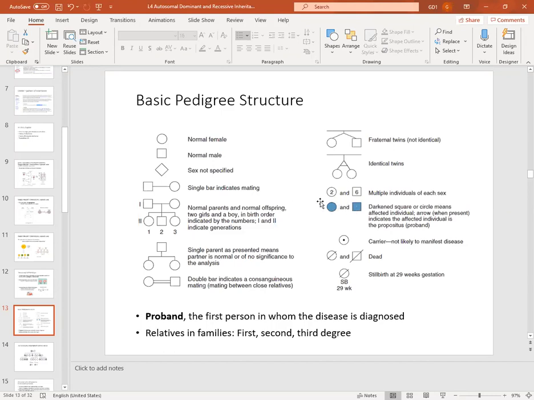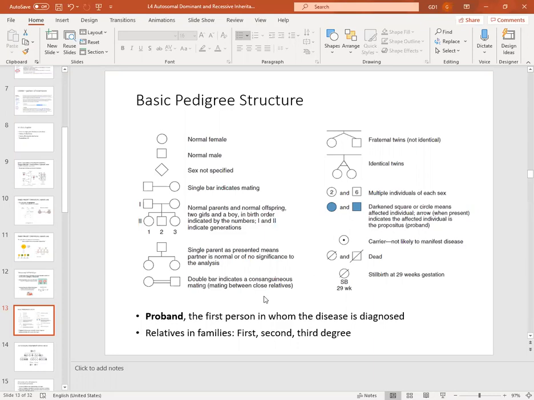We focus more on circles and squares with dark filling. This is related to disease phenotype expression. If it's not fully dark but has a dark dot in the middle, this is a carrier, meaning they are heterozygous and do not express the disease.